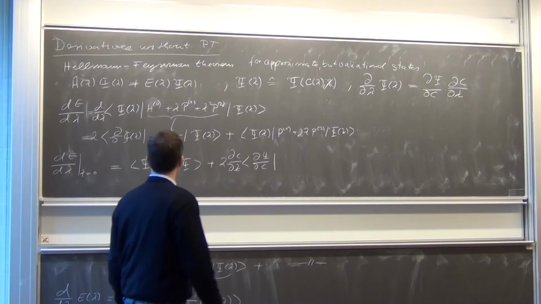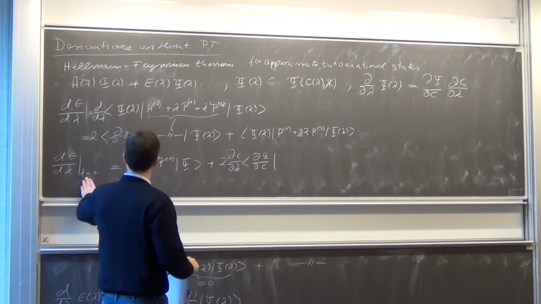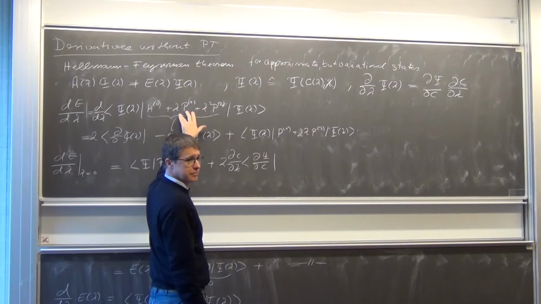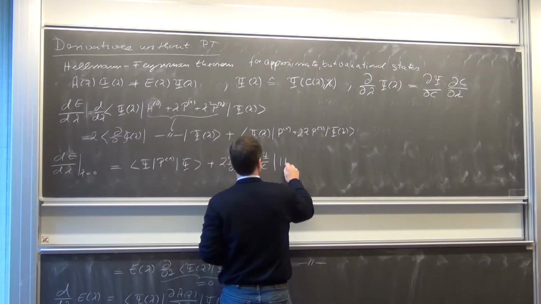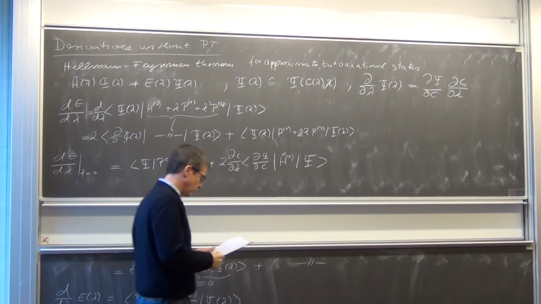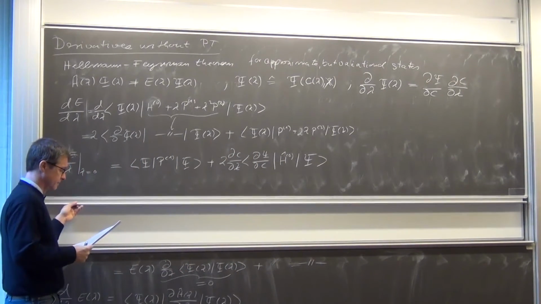And then I said evaluate that for 0 field strength, and that means that both those terms disappear. So the only thing which is left in here is H0, and then the unperturbed wave function on the other side.